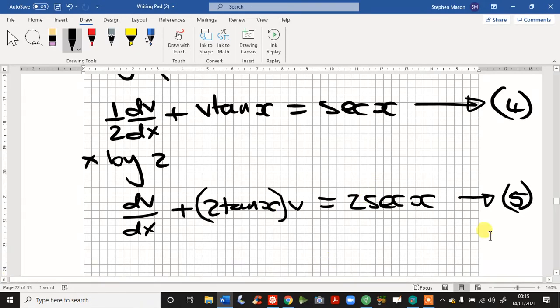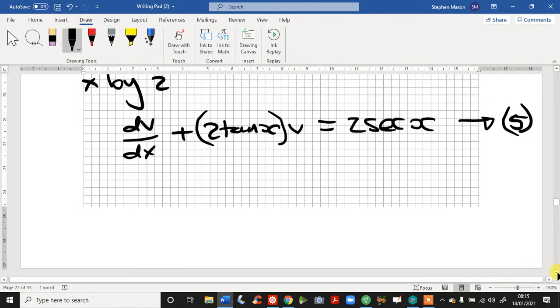Now, for those of you who are familiar with linear ordinary differential equations, what we've effectively done is to linearize this equation. We have no coefficients here in terms of v, only coefficients in terms of x. So we now have a linear ordinary differential equation.